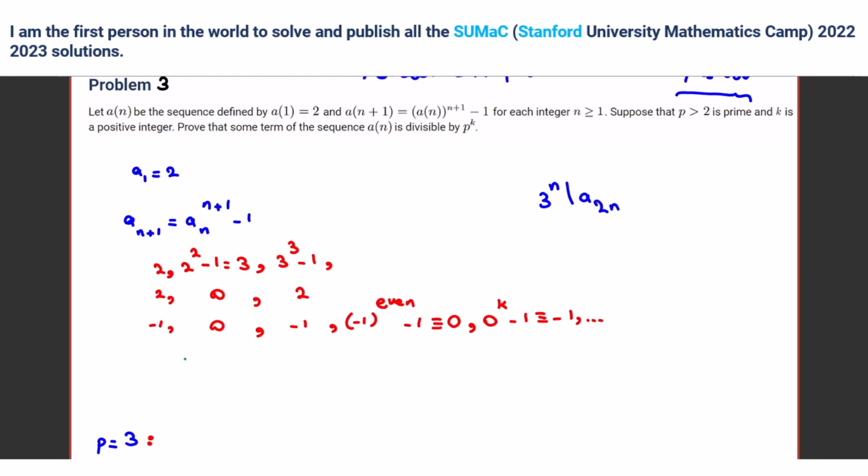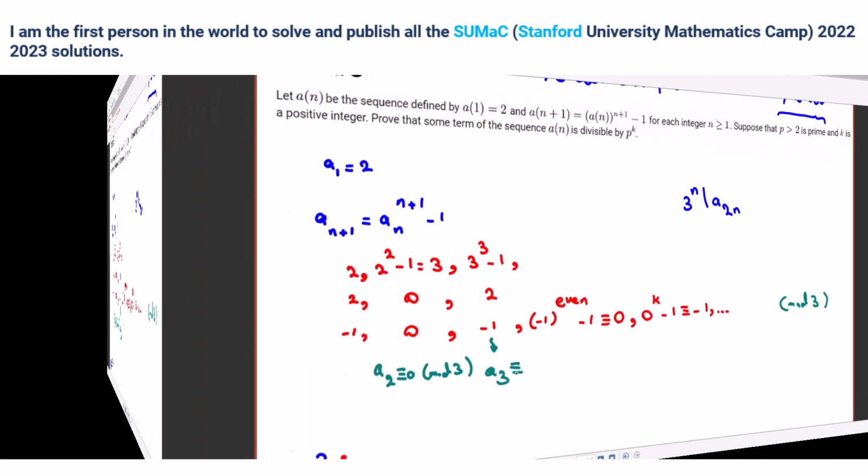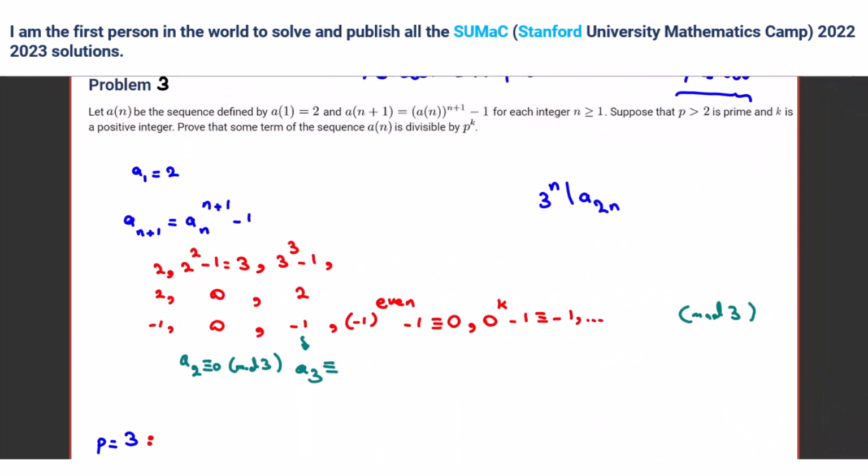I understood what you want to say. You said a2 is 0 mod 3, right? Yes. And then you considered a of 3 mod 9. How do you calculate a3 mod 9?